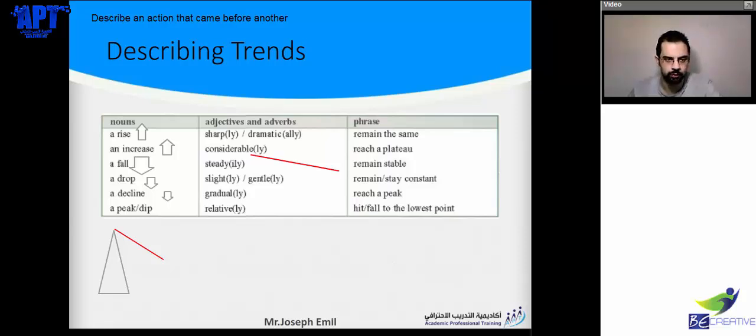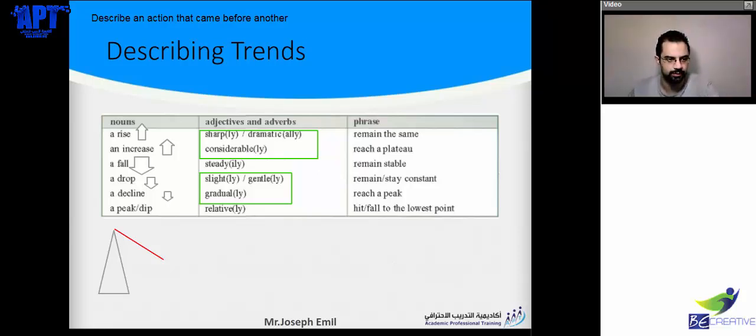So I'm just going to group these words together here, like this. That's slightly, gently, and gradually, okay? Sharply, dramatically, and considerably. I would also say significant, or significantly.